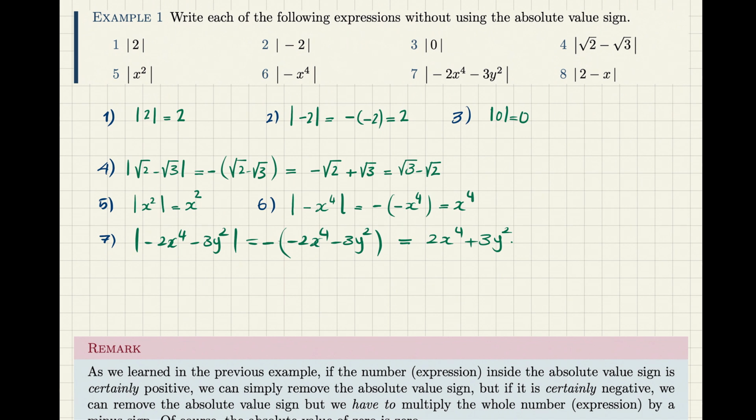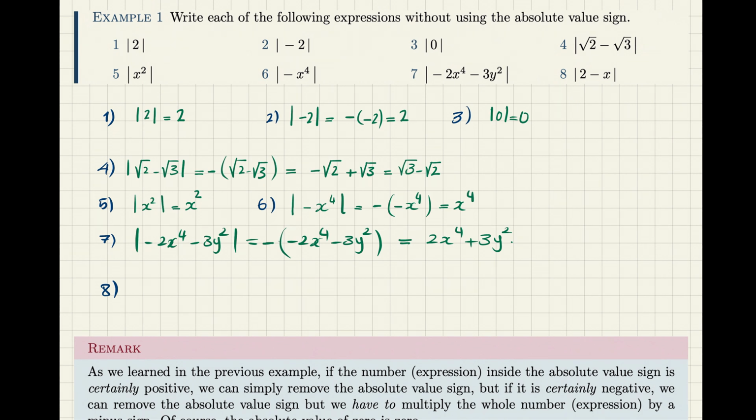Okay, finally number 8. Number 8, I don't know the value for x. x might be larger than 2, then the whole expression becomes negative. x might be equal to 2, then the whole package becomes 0.